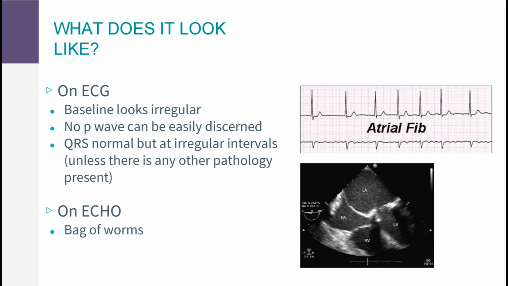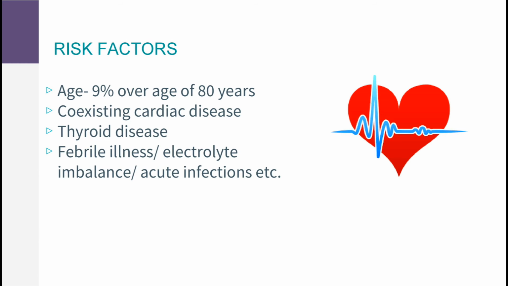The atrial rate in AF could be up to 600, while the ventricular rate could be somewhere between 110 and 150. But it's not uncommon to find normal heart rates in atrial fibrillation. On echocardiography, we all know that atrial fibrillation is classically described as a bag of worms.